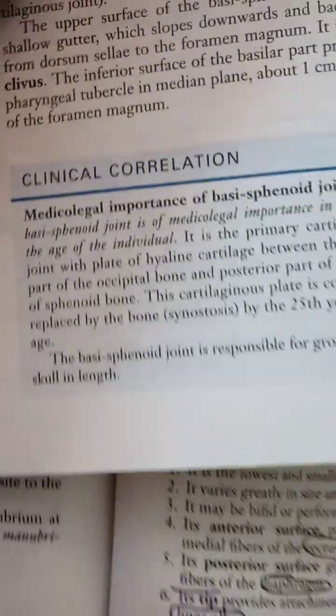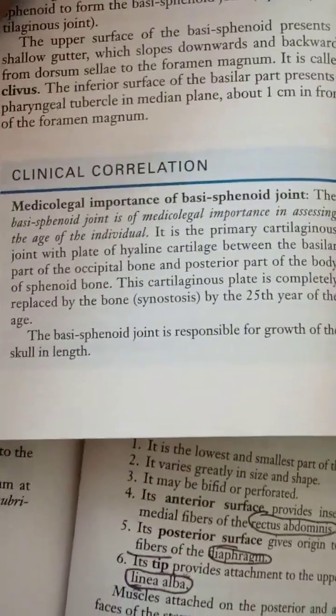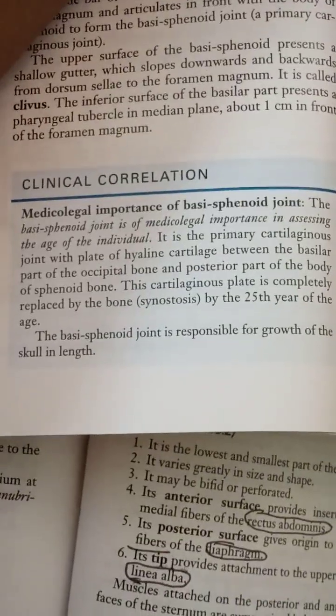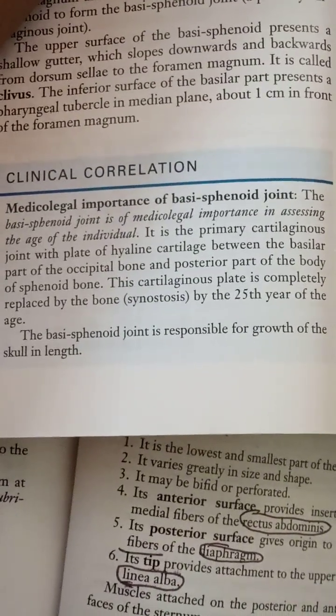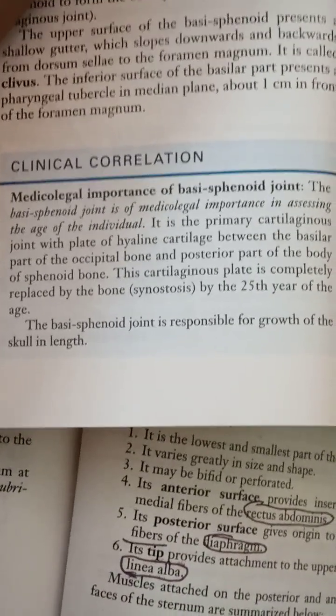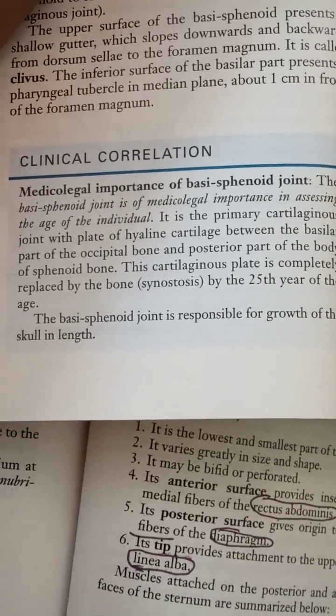It is a primary cartilaginous joint with a plate of hyaline cartilage between the basilar part of the occipital bone and the posterior part of the body of the sphenoid bone. This cartilaginous plate is completely replaced by bone, synostosis, by the 25th year of age.